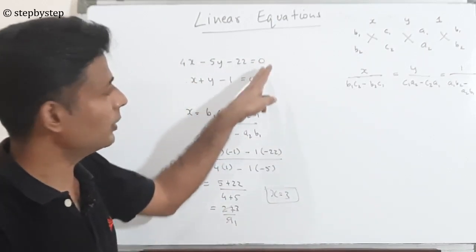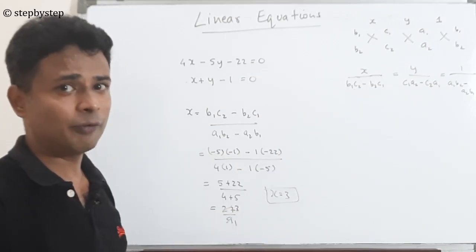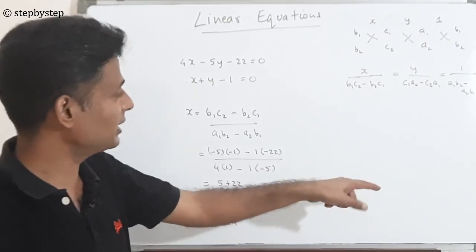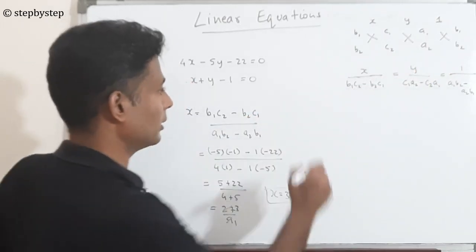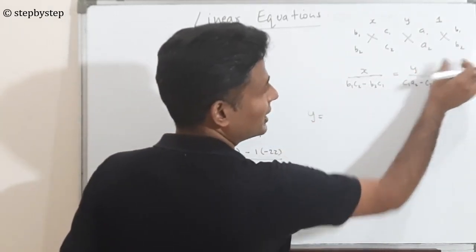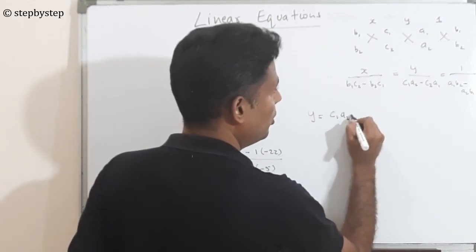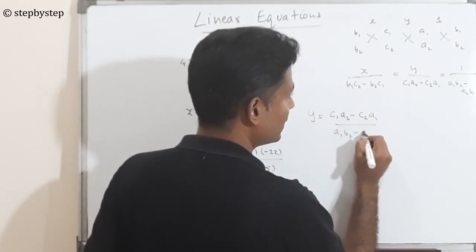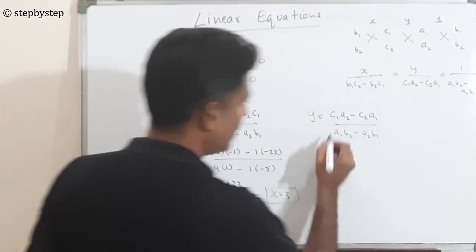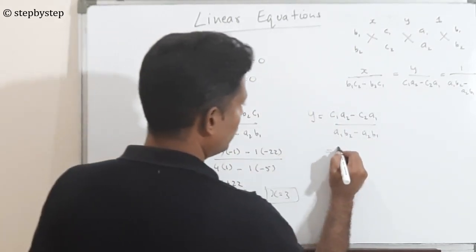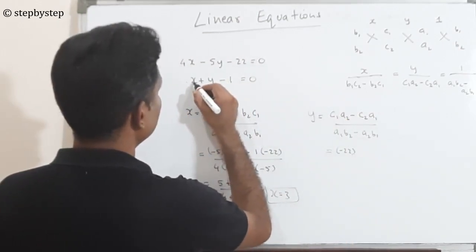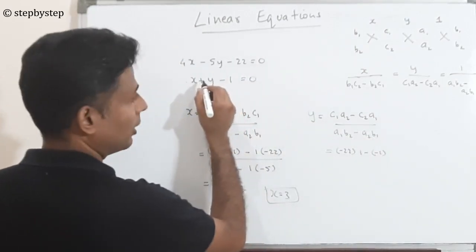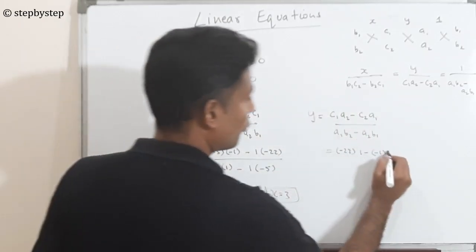Now you can directly substitute this in this if you are finding using this method by yourself. But in case they have asked you to use cross multiplication method, you will use this relation. So y equal to, when I transpose this here, it becomes c1 a2 minus c2 a1 by a1 b2 minus a2 b1. Now c1 is minus 22 into a2 is 1 minus c2, that is minus 1, into a1, that is 4.